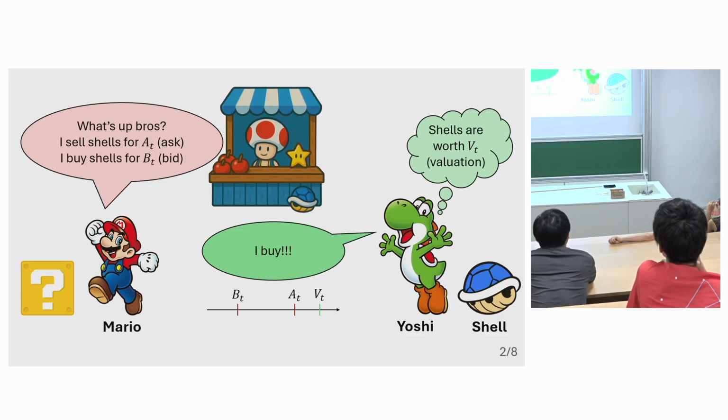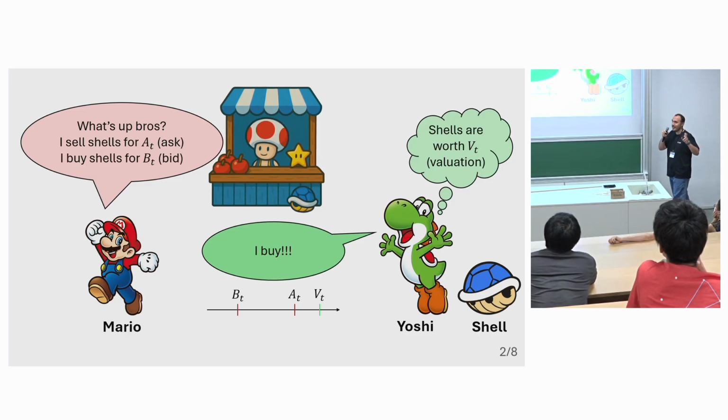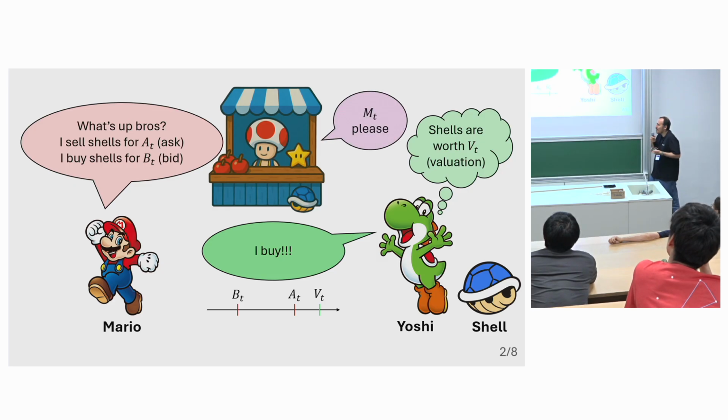So he does something that is called selling short. So he sells something that he doesn't have, with the promise that later on, if Yoshi wants the share, Mario will go to the market and get the share. So Mario sells air to Yoshi, and later on, when Yoshi says it's time to pay up, it's time to give me the share, Mario goes to the market, gets the share, and gives it to Yoshi. Okay?